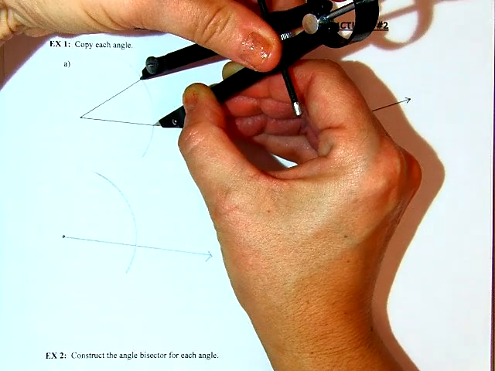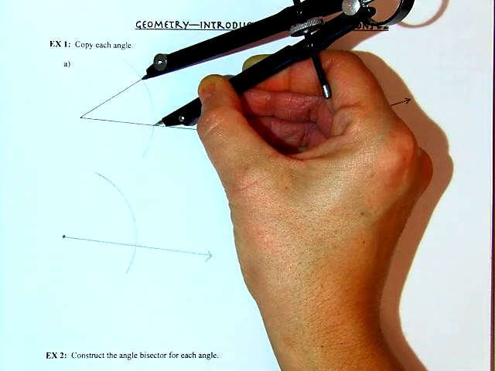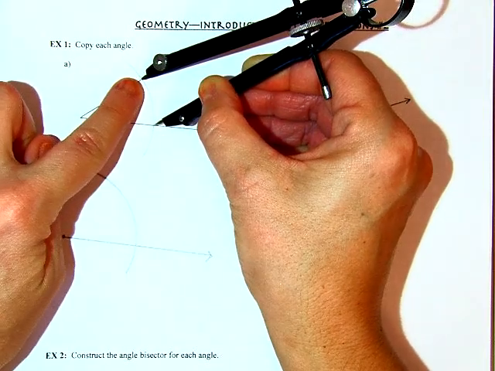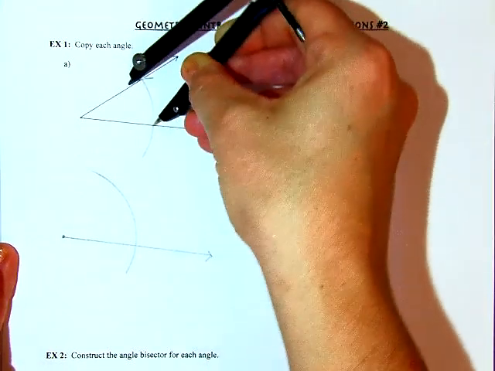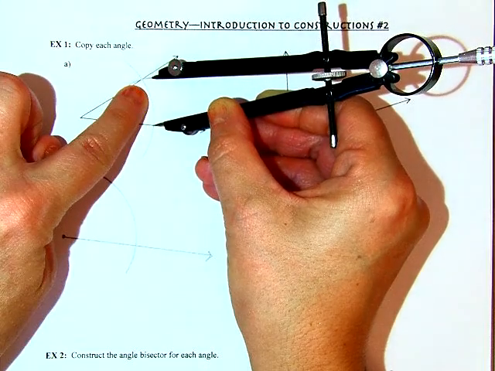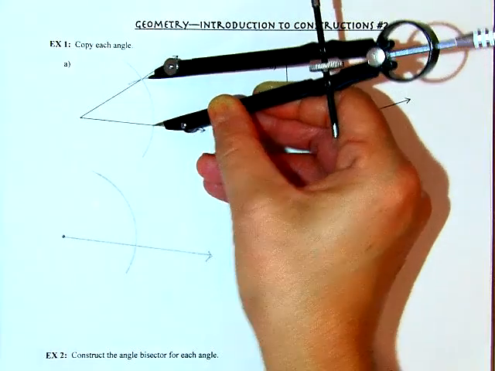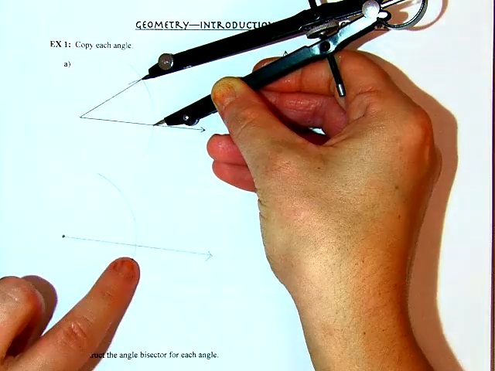I need it to be this wide right here. So I want it to be this width right here. So from these two points of intersection. And once I feel good about it, I'm going to mark a little notch, a little arc to make sure it looks like it's in the right spot. And that looks great. So now that I'm checked, I'm essentially just copying that width down here.